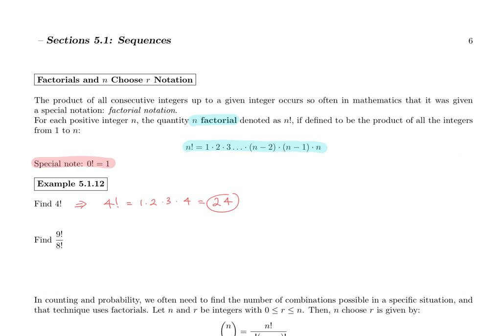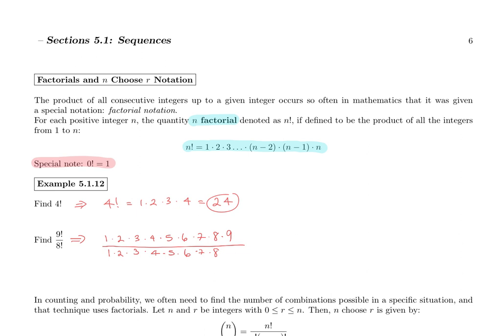What about 9 factorial over 8 factorial? Well, that would be 1 times 2 times 3 times 4 times 5 times 6 times 7 times 8 times 9 over 1 times 2 times 3 times 4 times 5 times 6 times 7 times 8.